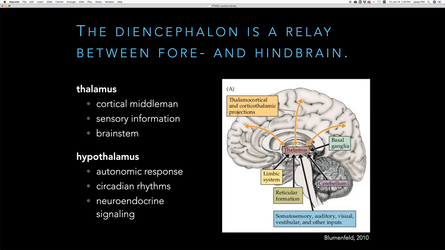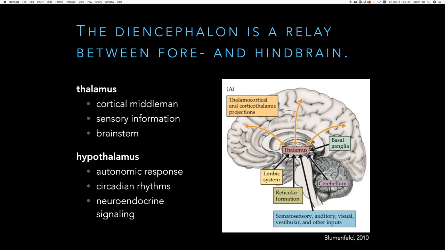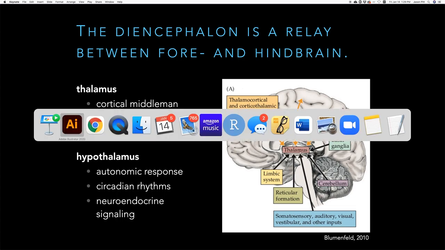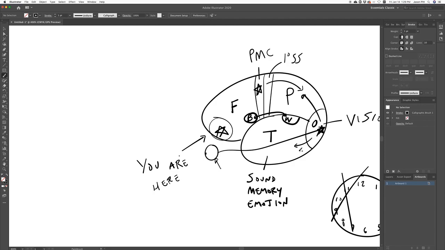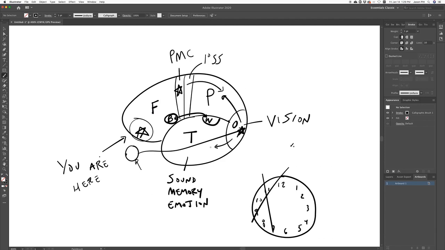We got different parts of the thalamus that talk to different parts of the cortex. For example, we'll see how this works out. If we're going to relay information to the back, well, that's going to be parts of the thalamus, let me put the thalamus here, that are in the back of the thalamus. They go over there.